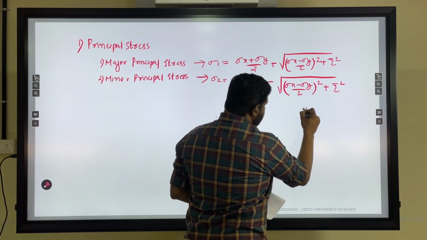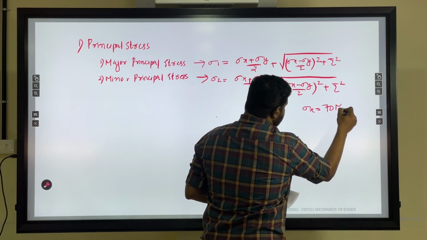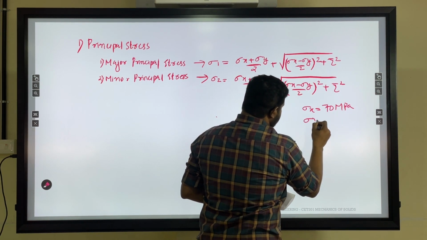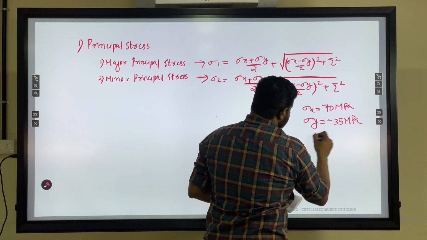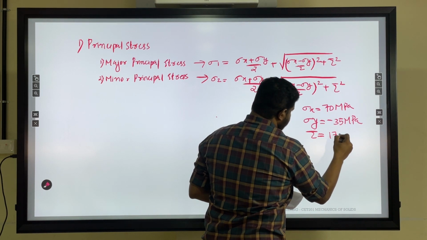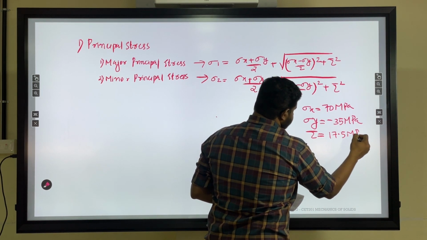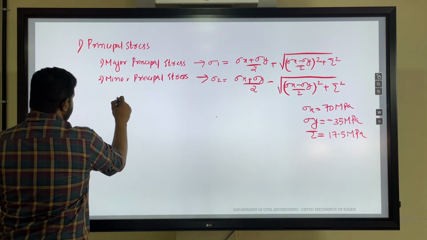From the figure, sigma x is 70 megapascal, sigma y is minus 35 megapascal, and the shear stress is 17.5 megapascal. Directly substituting these values, we will get sigma 1 and sigma 2.